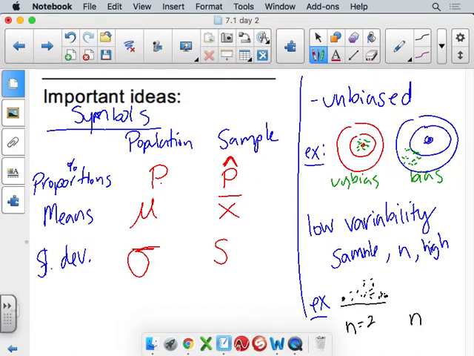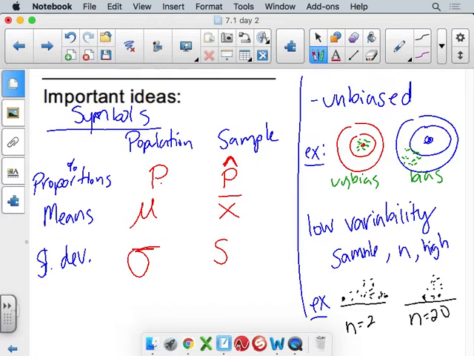If I did a sample size of 20 people, here's an average height of 20 people, the next average height of 20 people, the next average height of 20 people, and those are going to be more stacked up in a tighter window, lower variability. So the higher the sample size, the lower the spread.